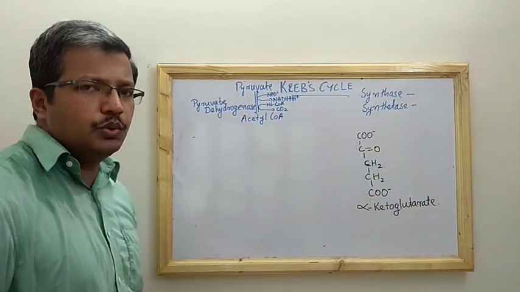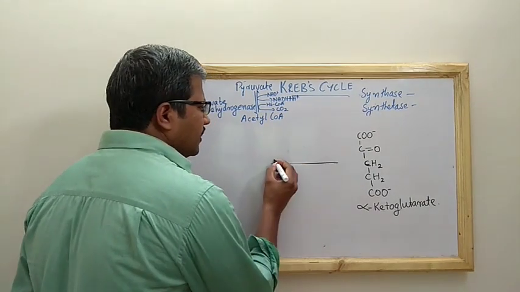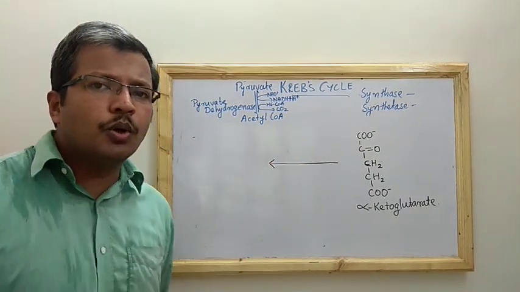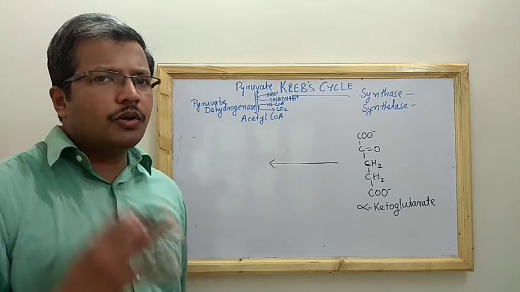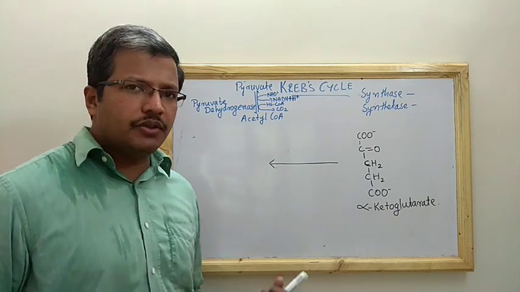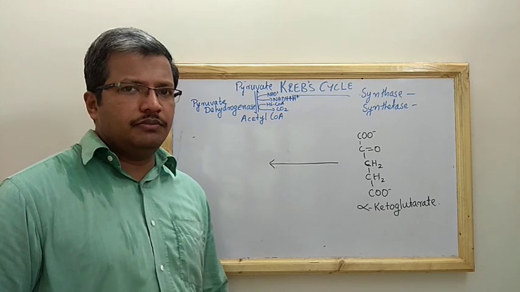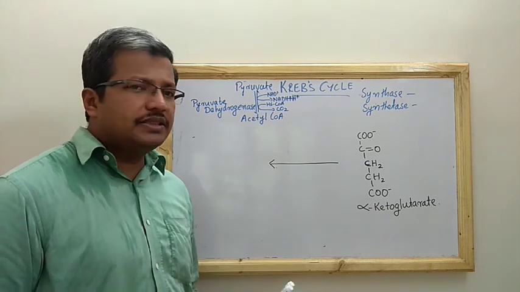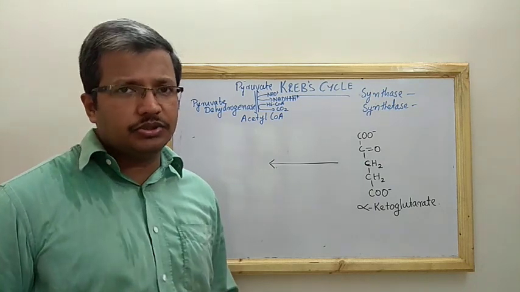So alpha ketoglutarate is again undergoing one more oxidative decarboxylation. We know that alpha ketoglutarate has formed by oxidative decarboxylation. Now this molecule itself is again undergoing one more oxidative decarboxylation.